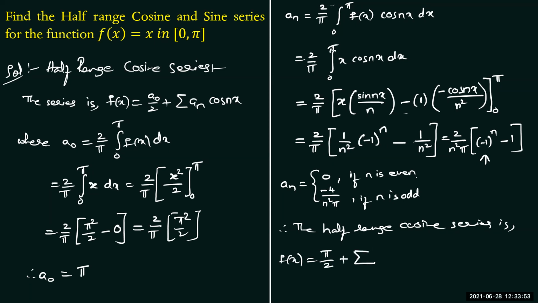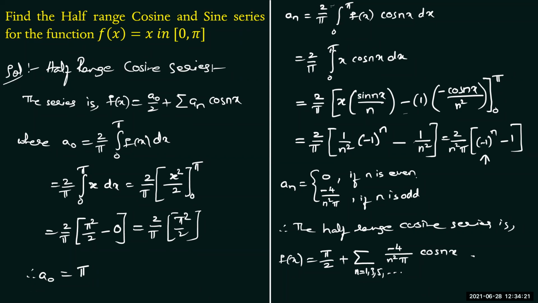We need to take an. But an is 0 when n is even. So an exists only for odd values, that's why I'm taking here n is equals to 1, 3, 5, and so on. I'm taking only odd numbers. And for all these values of n, we got an as minus 4 divided by n square pi into cos nx. So this is, what you call half range cosine series.